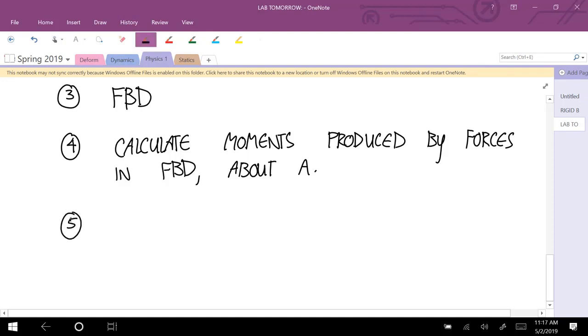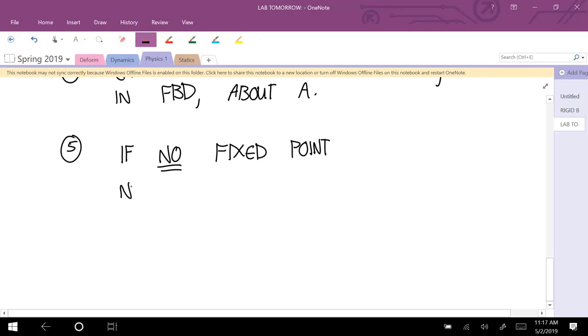Five. Now, sometimes you'll use this and sometimes you won't. If there's no fixed point, then use Newton's second law. And Newton's second law says add up all the force vectors in the free body diagram.